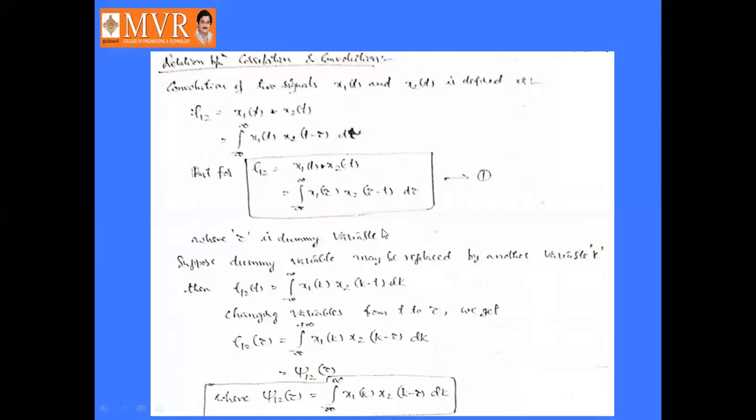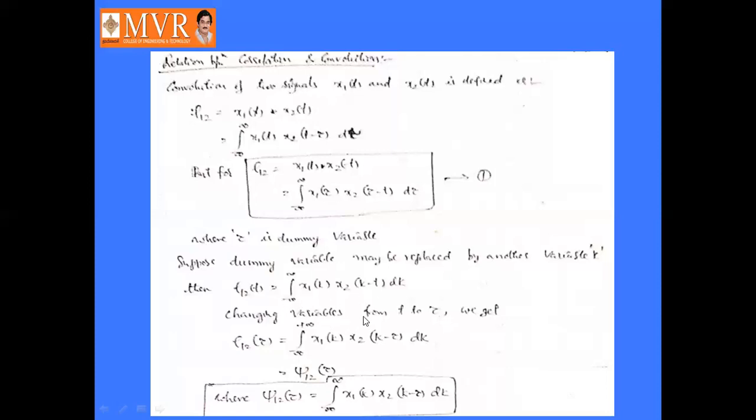Suppose the dummy variable may be replaced by another variable k. Then rho12 of t is equal to the integral from minus infinity to infinity of x1 of tau into x2 of tau minus t, where tau is replaced by k, so x1 of k into x2 of k minus t dk.